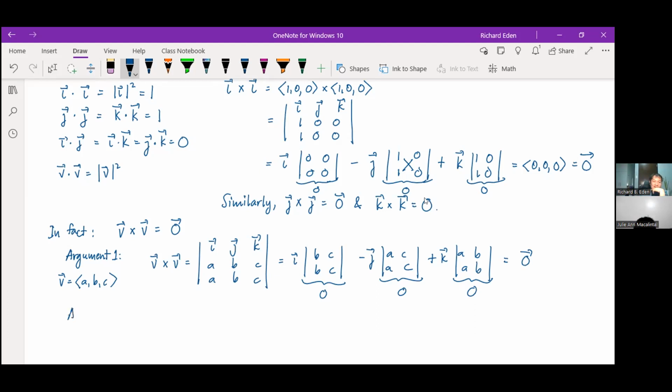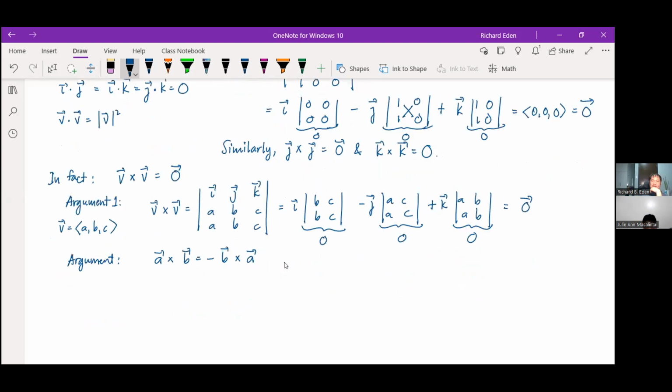Here is a second argument. Recall the anti-commutativity, A cross B equals the negative of B cross A, if A and B are vectors. So ngayon, let's put in, let's say A is the vector V and B is the vector V. Then we would have V cross V equals the negative of, hey, V cross V again.